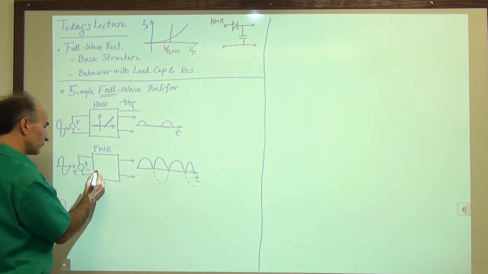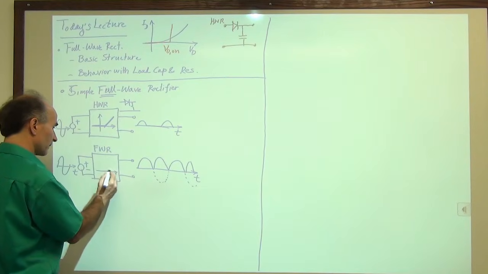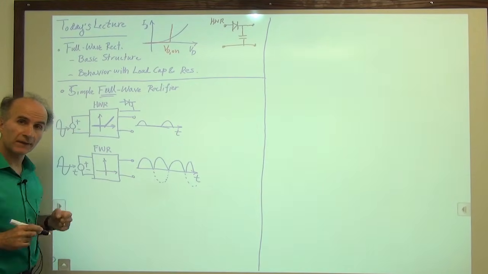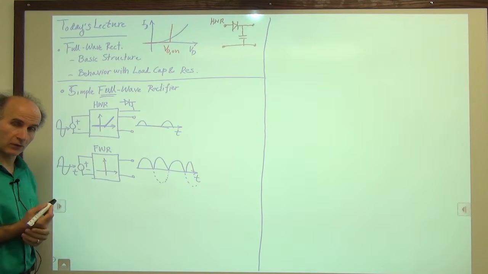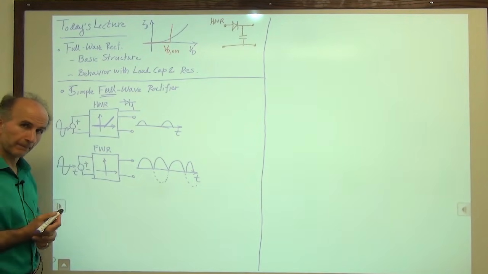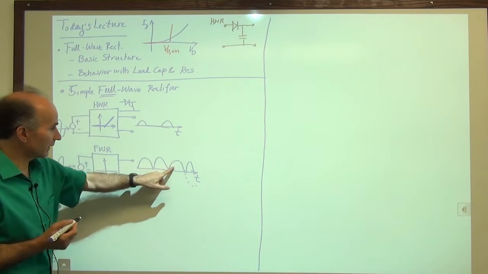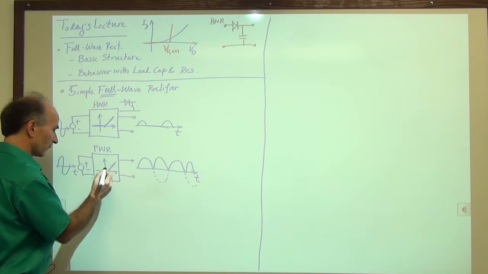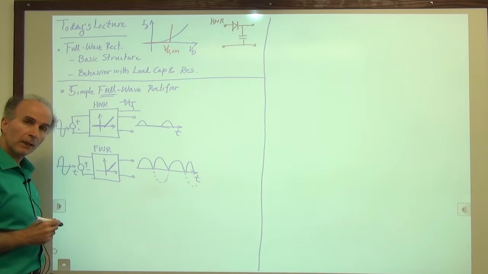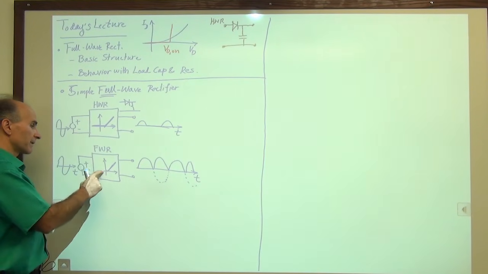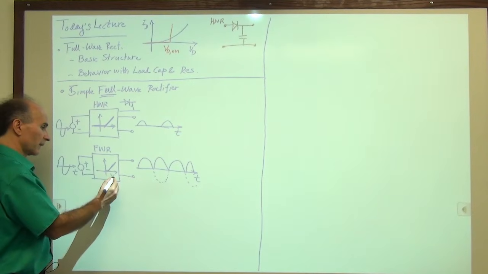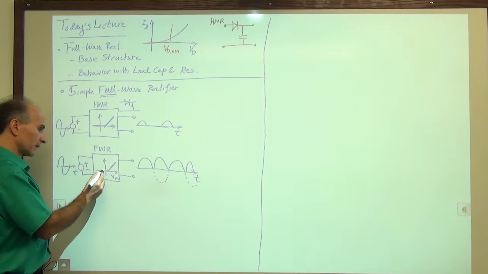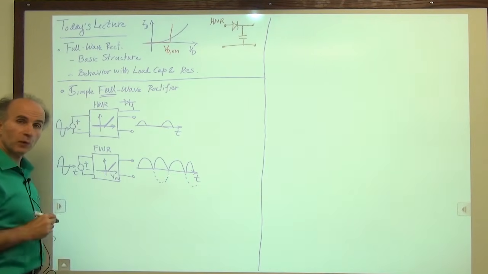All right, so let's try to guess at this point. It's just a guess, but doesn't hurt. Let's try to guess what this input-output characteristic should look like. Okay, so we still have these coming out, so that part hasn't changed. That part is like before. But when the input voltage becomes negative, remember, this is the input axis, what do we want?